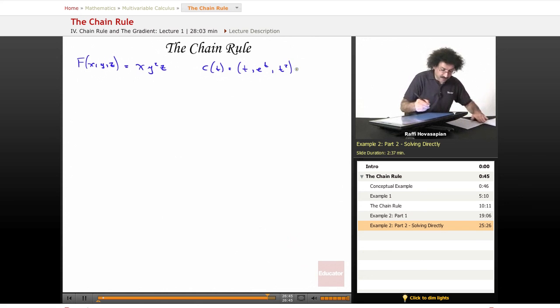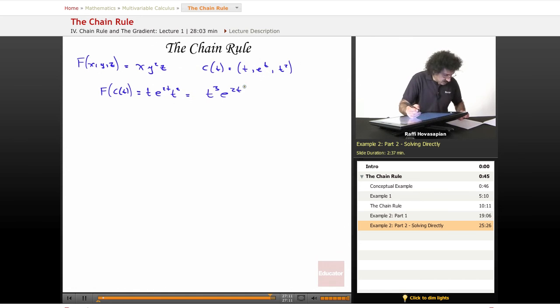So now let's form f of c of t. f of c of t is equal to x y squared z. x is t, so that's t. y squared is going to be e to the 2t, and z is going to be t squared. I'm just plugging those in, and I end up with t cubed e to the 2t.